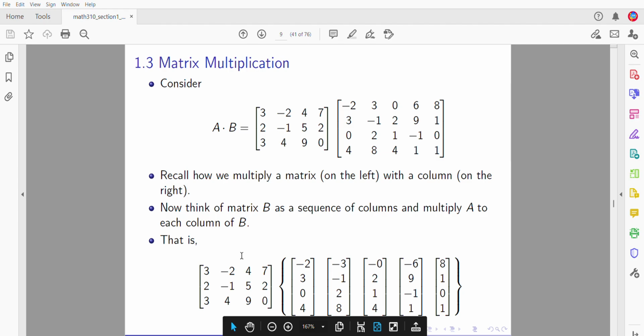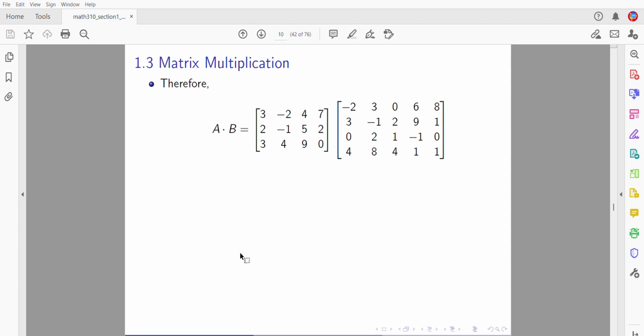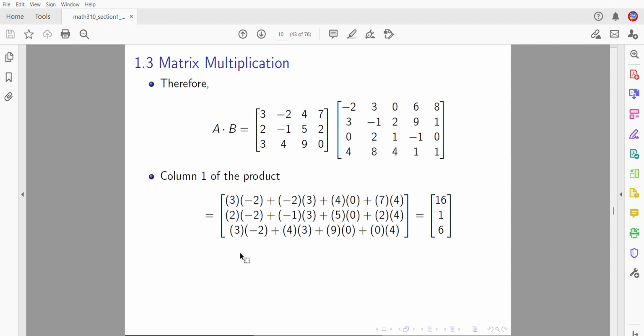Okay. So with all this behind us, now let's actually see how it looks. I'm focused on the first column alone of matrix B. I'm ignoring everything else. Focus only on the first column. How do I multiply this matrix to this?